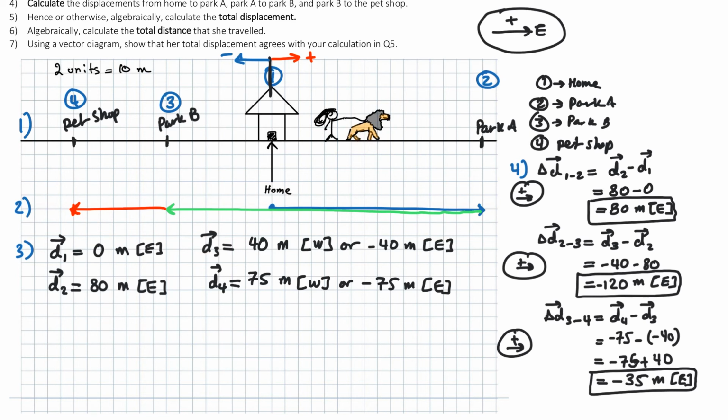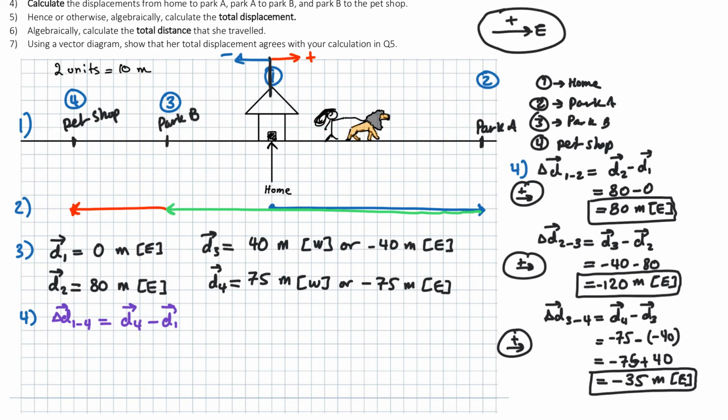Okay, so for the total displacement, it can be done in 2 ways. Maybe I'll do both. So one way is the total displacement is from the beginning to the end. So that's from the home all the way to the pet shop, and that's going to be the final position minus the initial one.